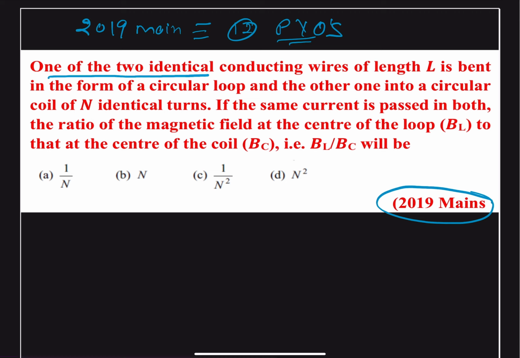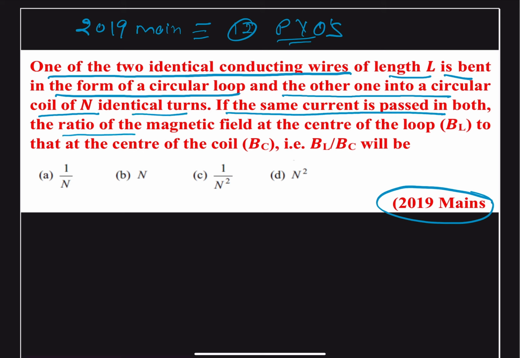One of the two identical conducting wires of length L is bent in the form of a circular loop and the other one into a circular coil of n identical turns. If the same current is passed through both, the ratio of their magnetic field at the center of the loop to the center of the coil, that is BL upon BC, is given as.